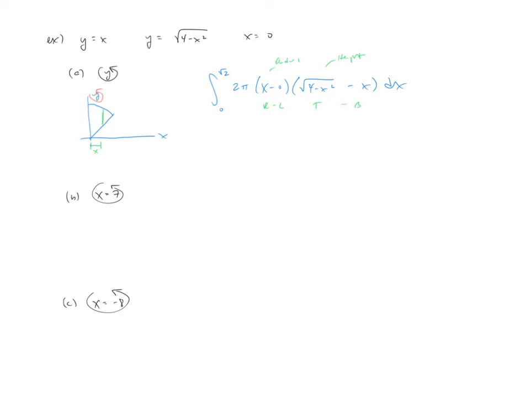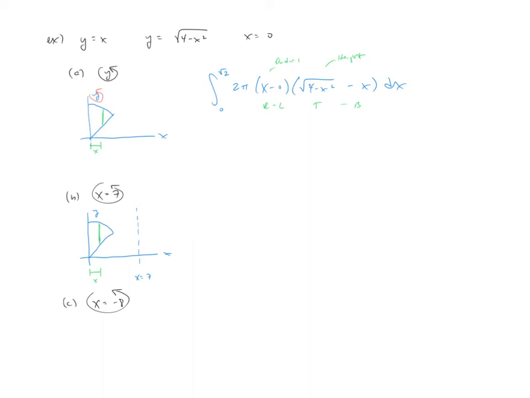Okay, so now we'll move down to the next one, where we go around x equals 7. For x equals 7, again, our picture is going to be the same, where now we have this shape here, and we're going around x equals 7, which is over here. Since, once again, we're going around a vertical axis, I'm going to sketch in this vertical line, which is going to help me with the radius being my x, and it's also going to help me with the top and the bottom.